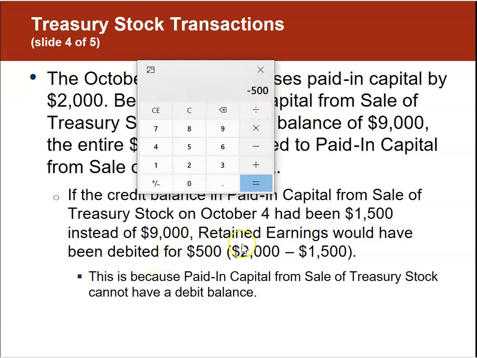So we would then debit retained earnings for the difference, $500. All right, and hopefully we don't have this happen, but if it does, it does. In this case, owner's equity would have gone down overall by 500 instead of increasing by 7,000. We have to do it that way, as it says, because paid-in capital from the sale of Treasury stock may not have a debit balance.